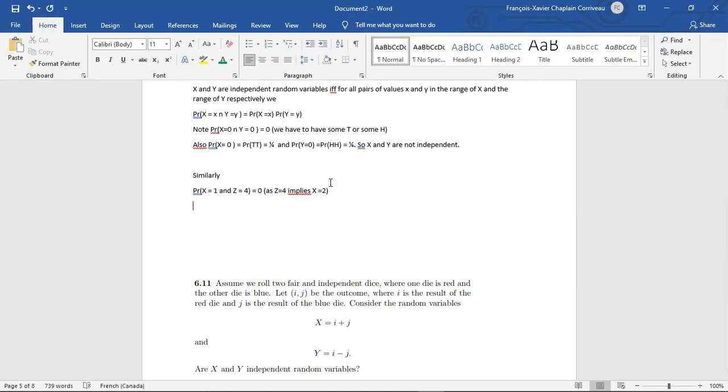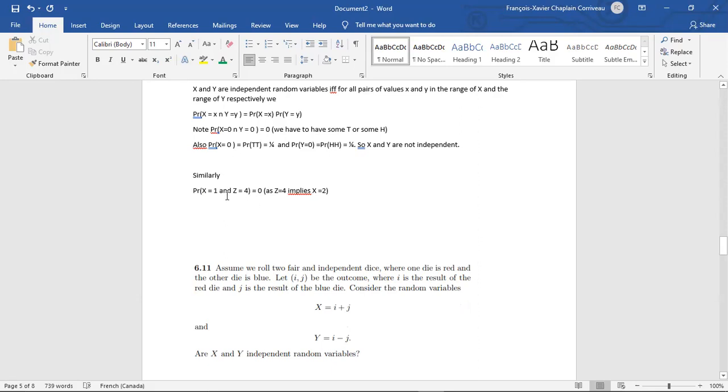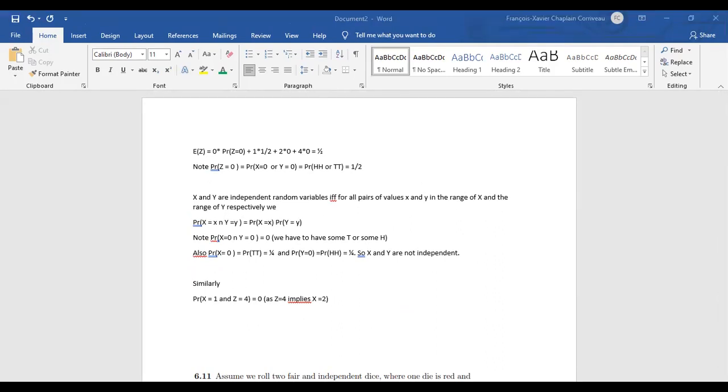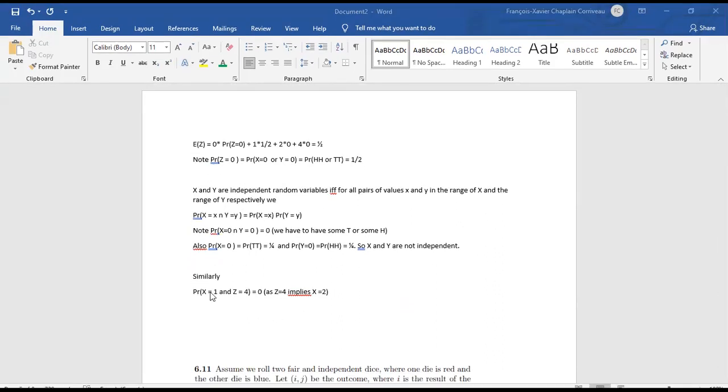And now we know the probability that, well, actually we were pretty much done here, right? So we know each of these probabilities. But now we think, is there a problem with that? What is the probability that z is equal to 4?